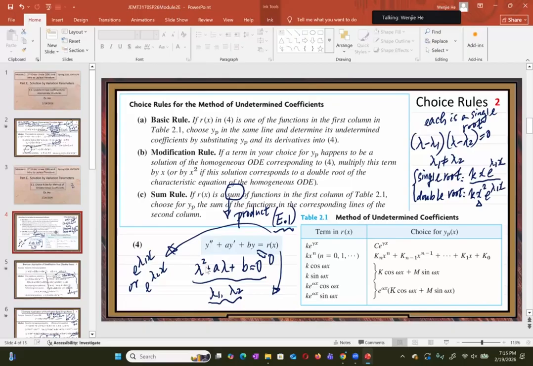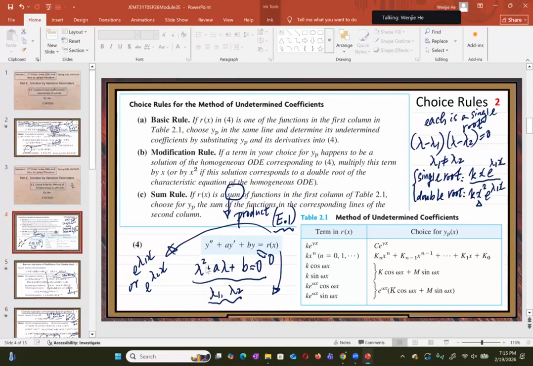Three terms. So for that one term, t squared, in order to take care of that one quadratic term, you already need 3 parameters, all 3 undetermined coefficients. For the other terms, you're still at 3, right?